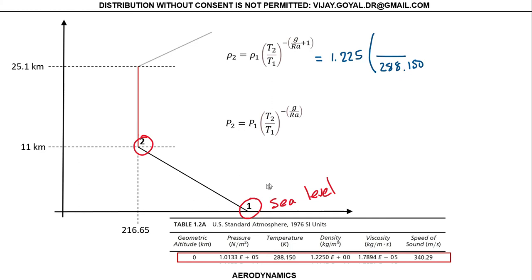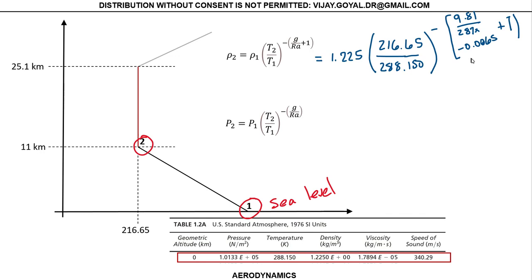My final temperature here will be 216.65. So we know those temperatures. Everything is to the power of 9.81 over the gas constant, 871 multiplied by minus 0.0065, plus 1.